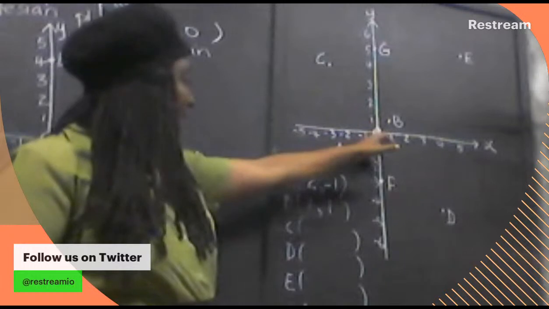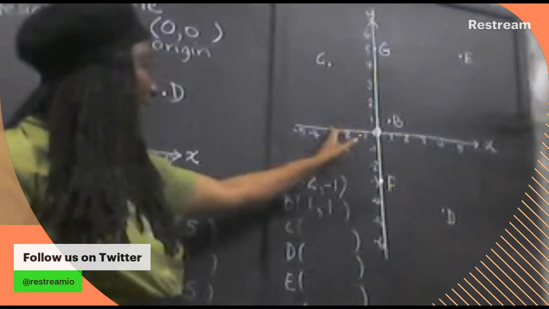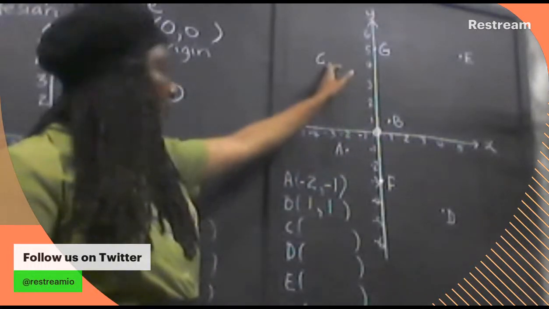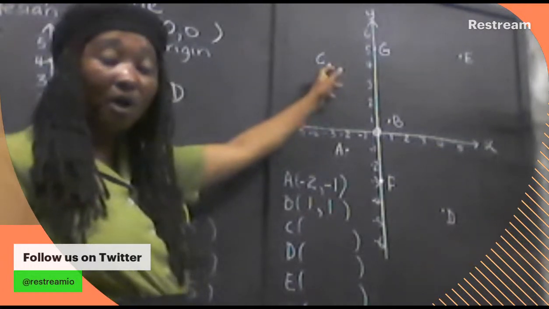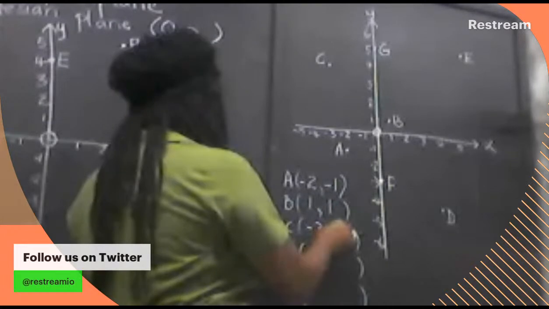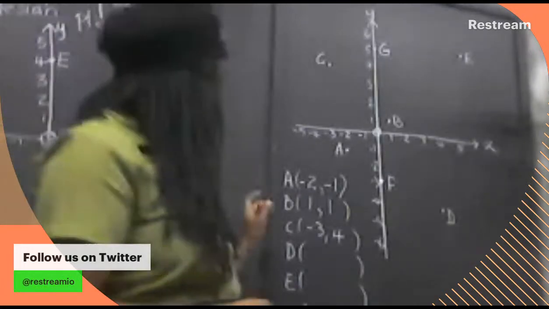For point C, starting at the origin to get to C, we had to move to the left. So that's -3 on the x, and then we moved up 4 on the y. -3 on the x, 4 on the y. I hope you're getting all of these answers. I don't see you type answers, so I can't check if you're getting them.